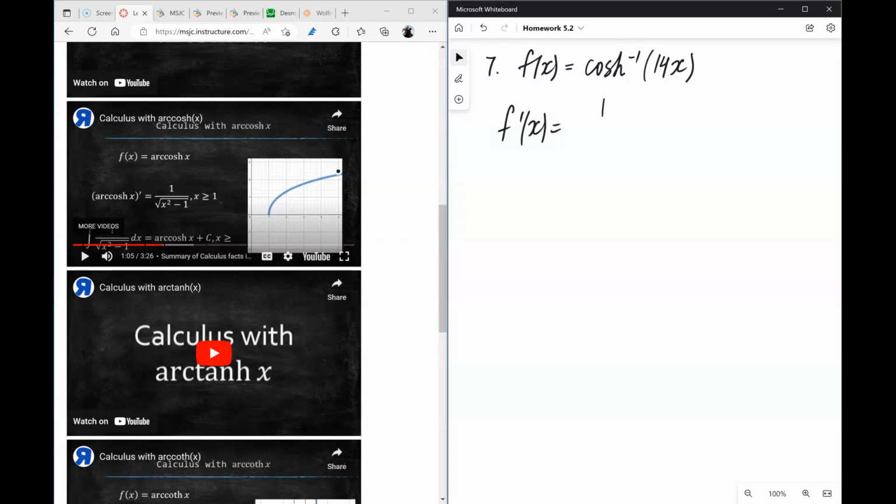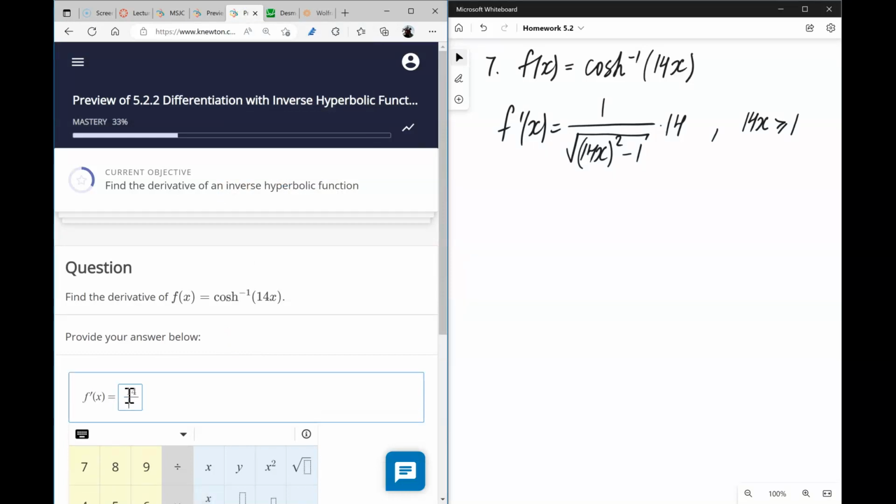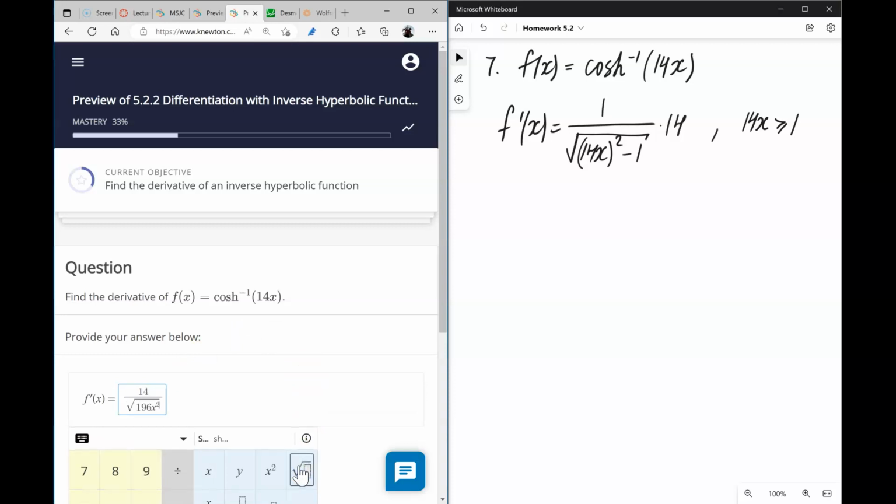It's going to be 1 over square root of 14x squared minus 1 times 14. Again, this only makes sense when 14x is greater than 1, which we're not concerned with at this moment. So let's just type up the answer. We got 14 divided by square root of 14 squared, which is 196, x squared minus 1.